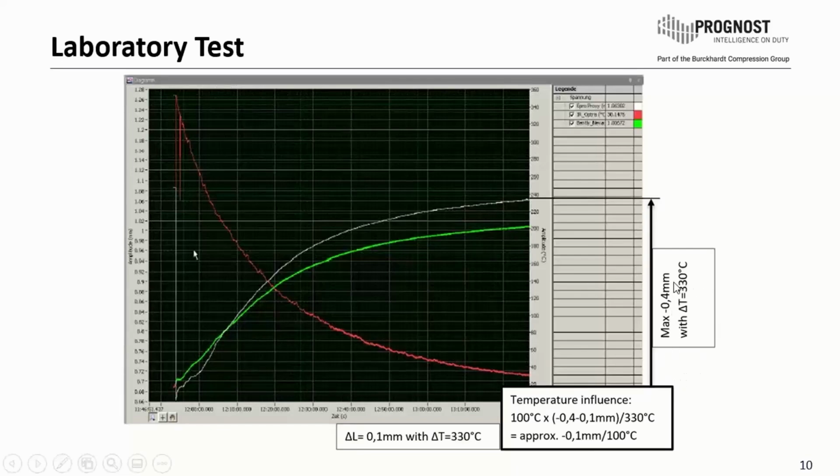We have a maximum value from the proximity sensors of 0.4 millimeters. We compensate this delta L, and we have a temperature influence of approximately 0.1 millimeter per 100 degrees Celsius.